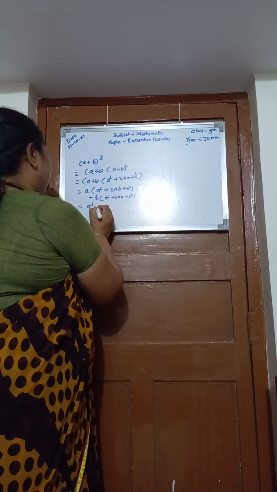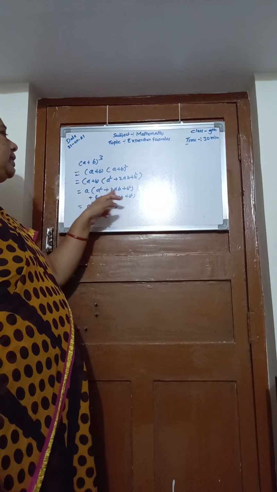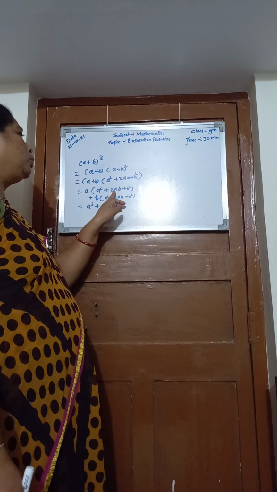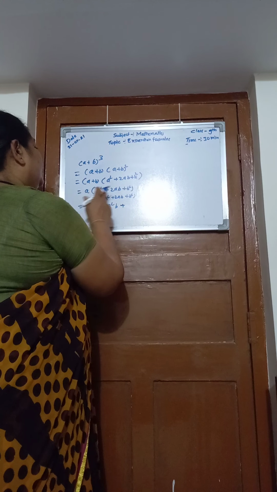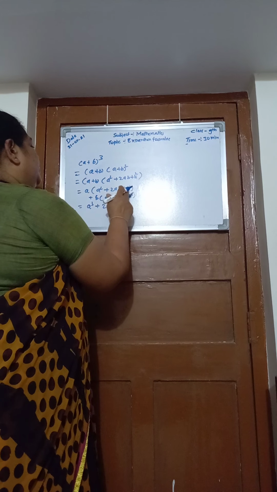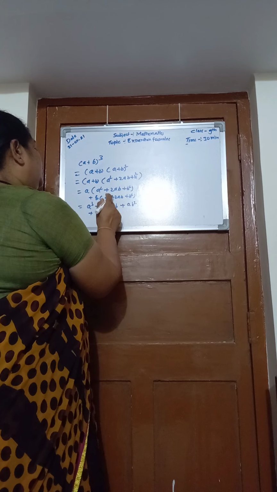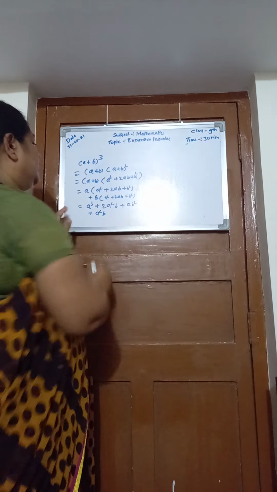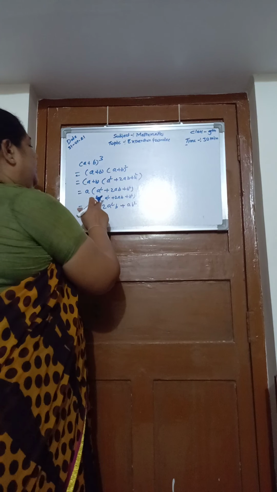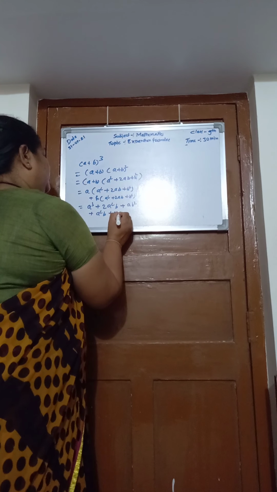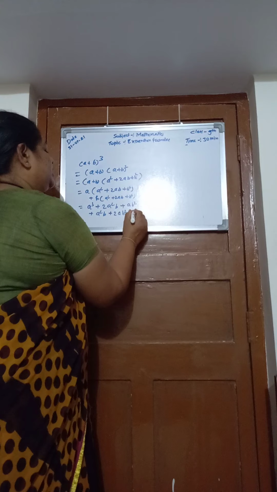A into 2ab means 2a square b. A into b square is ab square. Plus b into a square, that is a square b. Then b into 2ab means 2ab square, plus b into b square means b cube.